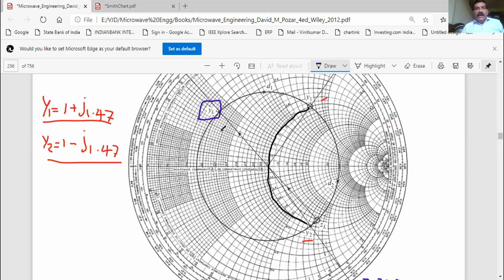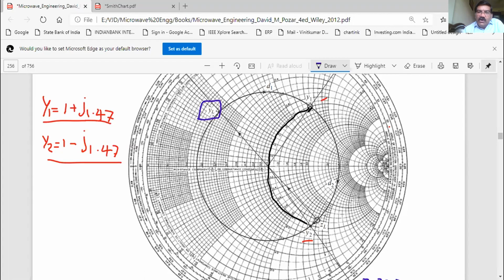And then what we did, due to this circle, you got these points, Y1 and Y2. How did you get this Y1 and Y2? This is the unity circle on the Smith chart. On this circle, it is intersecting the circle you have drawn by the rounder.